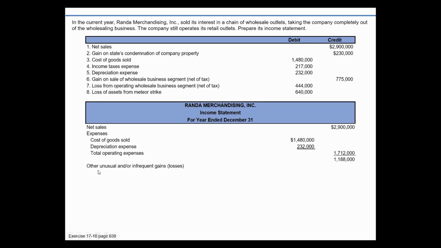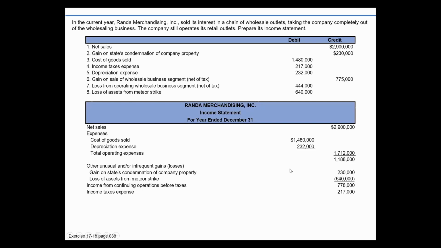And then we have other unusual or infrequent gains or losses. So we had the gain on the state's condemnation of business property, which is $230,000. Then we had a loss of assets from a meteor strike. Again, a loss or a negative number is going to be in parentheses, $640,000. So income from continuing operations before tax would be, so we take this number right here, $1,188,000.